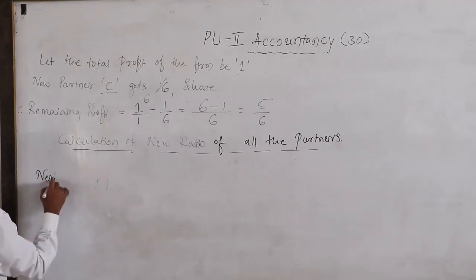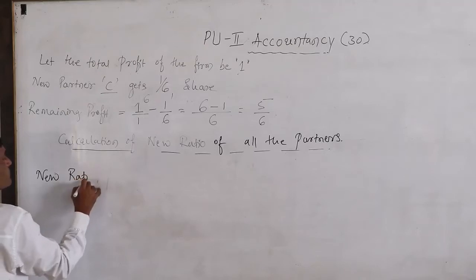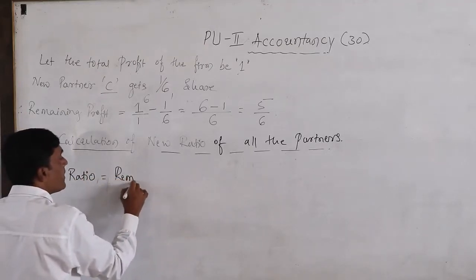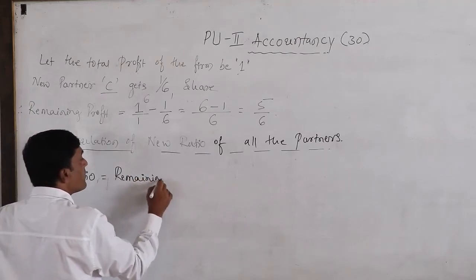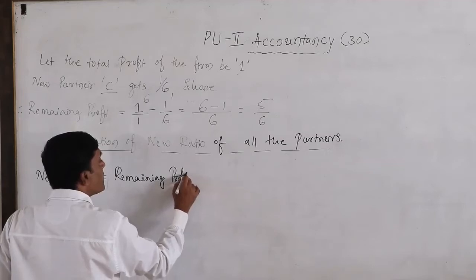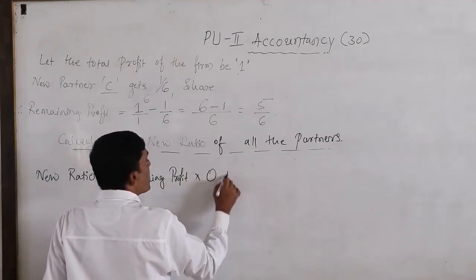The equation is like this: new ratio is equal to remaining profit, that we have already ascertained, into old ratio.